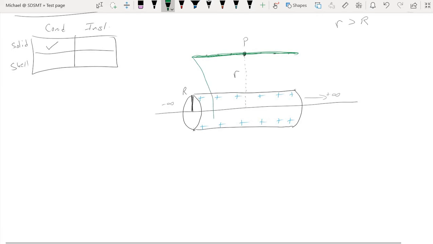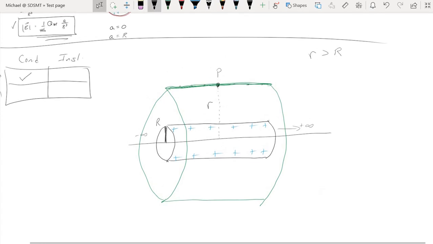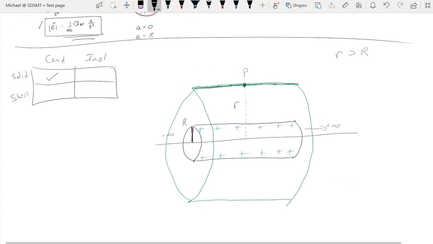And there is a shape in the form of another cylinder that exists at the radius of little r. And now Gauss's law is pretty much going to reproduce exactly what we had for the line of charge discussion.